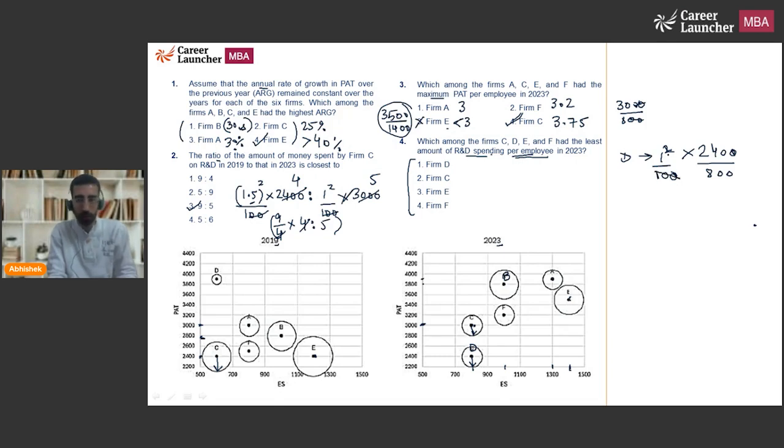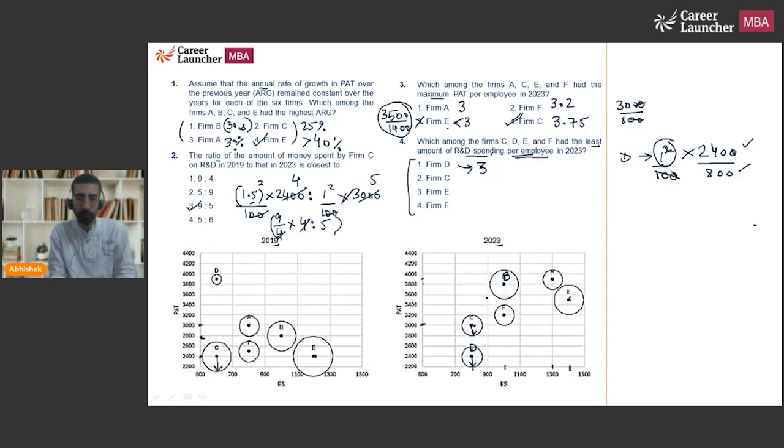It's just part of the constant. So I'm just going to take the percentages, which are the square of the radii, into PAT upon employee strength. For D, that figure comes out to be 3. What the units are, we don't know. We don't care. We just have to compare the highest to the lowest. We're talking about the least here. D has a value of 3. Let's see what the others throw up.